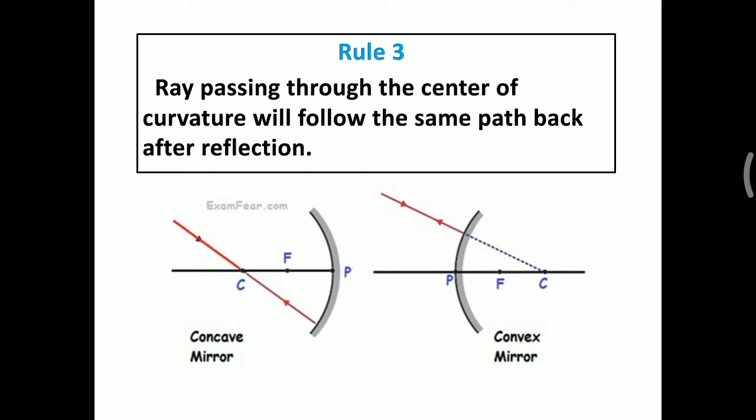So look at this diagram. Here, on the same line, two arrow marks are present. One arrow mark is downward and another arrow mark is upward. The downward arrow mark represents the incident ray. The upward arrow mark represents the reflected ray. So both rays lie on the same line when passing through the center of curvature.